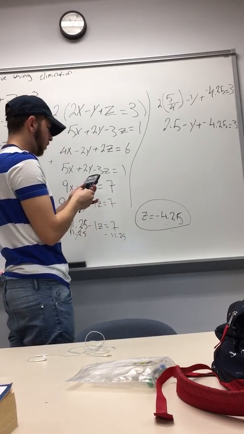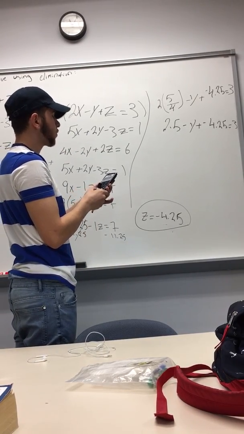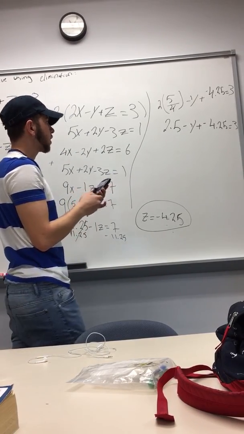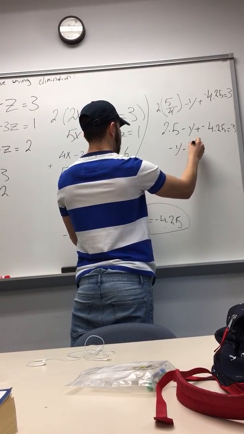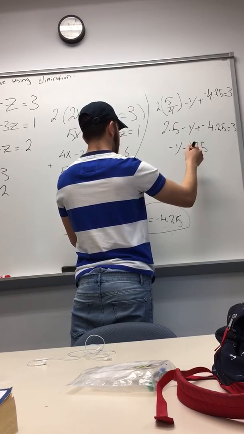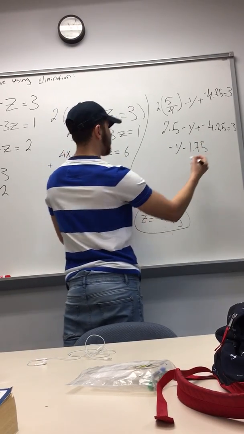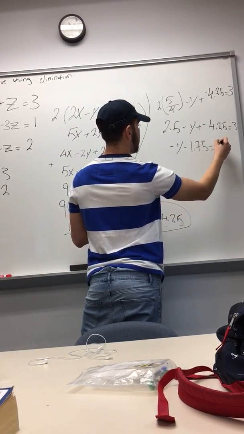So 2.5 plus negative 4.25 equals negative 1.75. No, yeah, negative 1.75, minus y equals 3.